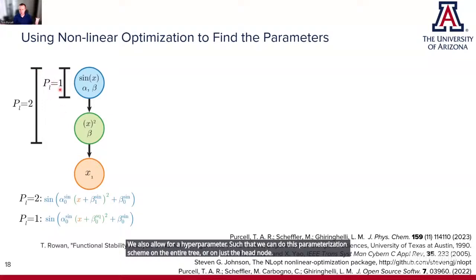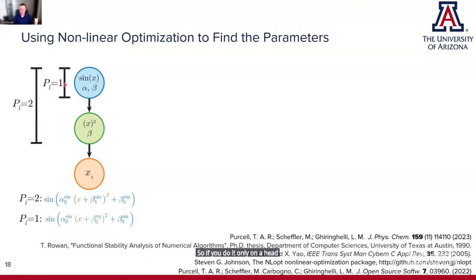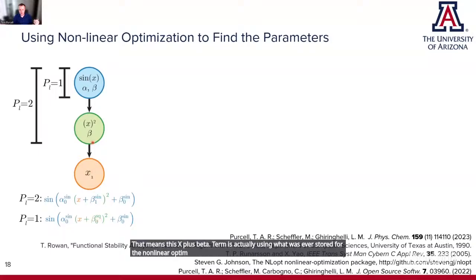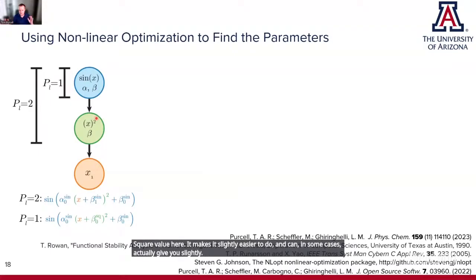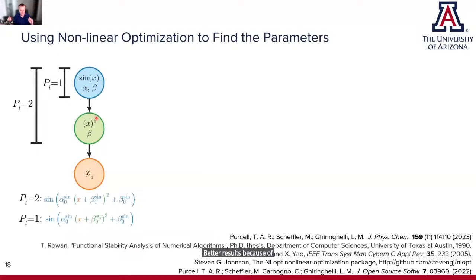So if you do it only on a head node level, that means this x plus beta term is actually using whatever was stored for the nonlinear optimization of the square value here. It makes it slightly easier to do and can, in some cases, actually give you slightly better results because of various noise factors that can be going into it.